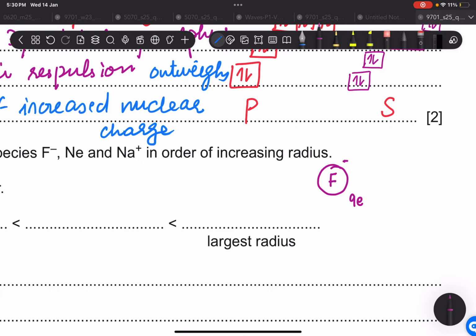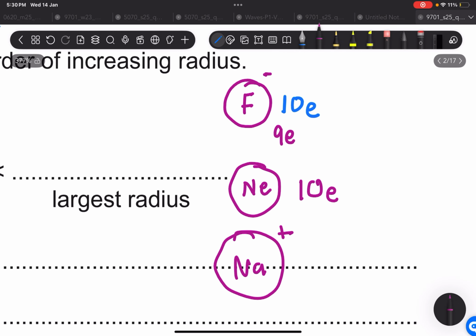So F negative, according to me, should have 10 electrons. Now if I talk about neon, neon simply has 10 electrons undisputedly, and the third is sodium plus 1. Sodium has 11 electrons, but a positive one means it has lost 1 electron, so it's also going to have 10 electrons.